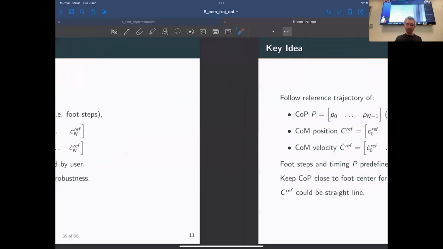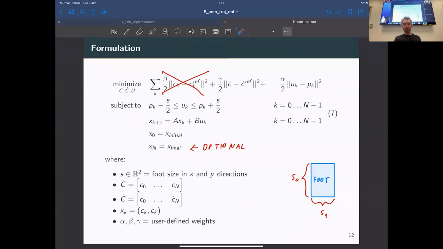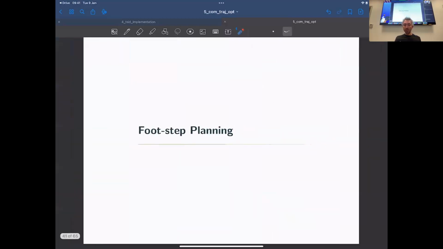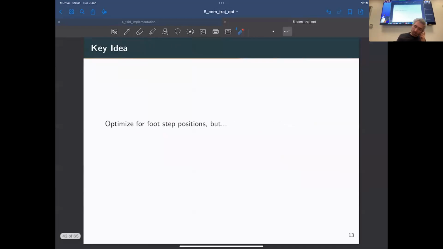It would be better to figure out a way to make this optimization problem automatically compute the footsteps, so we don't have to do it on our own. And actually, it's pretty simple to do it. We're gonna do it, but we're gonna maintain the footstep timing fixed. So the duration in time of the footsteps is gonna remain fixed, just to clarify.